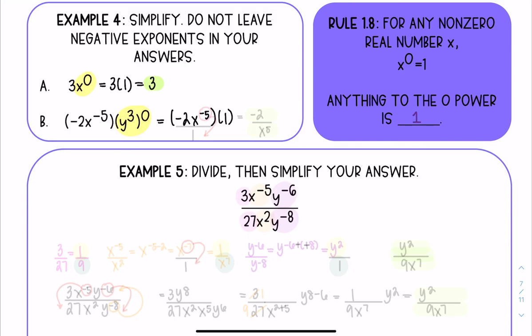Well, that negative exponent is going to move the x. So this negative 5 is going to move the x to the bottom, and the negative 2 is going to stay right on the top. So we have negative 2 over x to the positive 5.